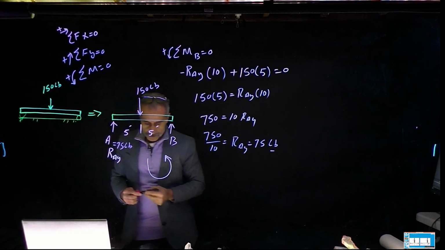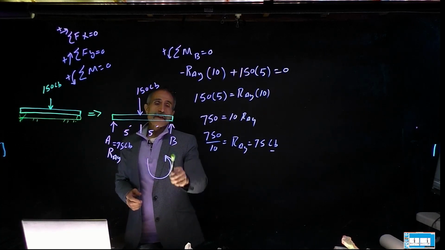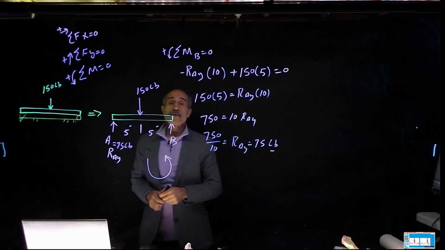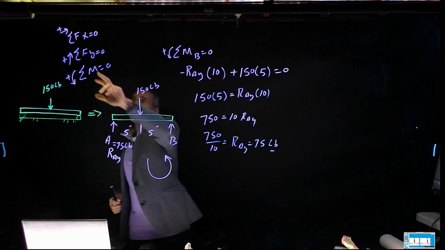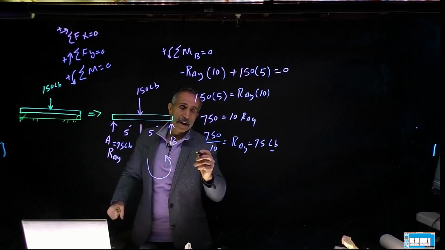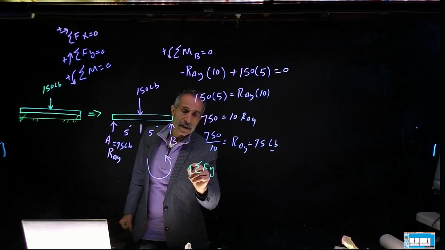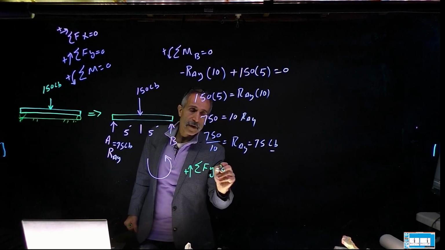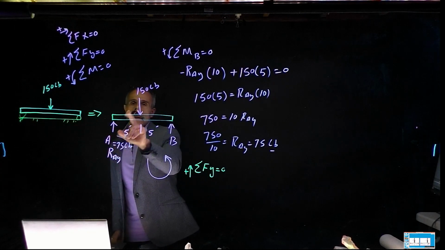All right. And what about this side? To find the reaction in B, I can do the same thing, take a moment about that point, but I don't have to. I can use this one, saying summation of Fy in vertical direction is equal to 0. So what do I have, all the forces in the vertical direction? There's one here, there's one here, there's one here.